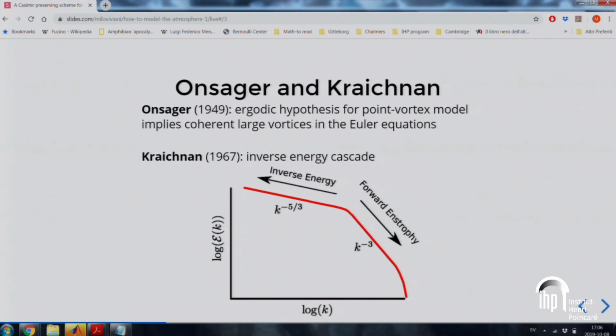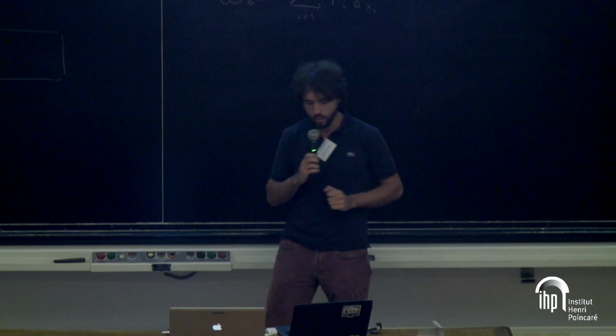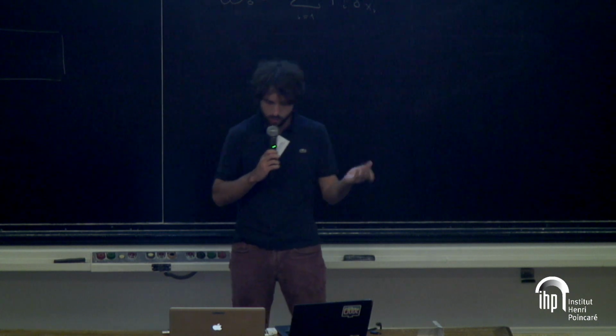takes this sort of profile where the slope -5/3 represents the fact that energy at lower scales feeds into smaller scales. Larger scales, sorry.